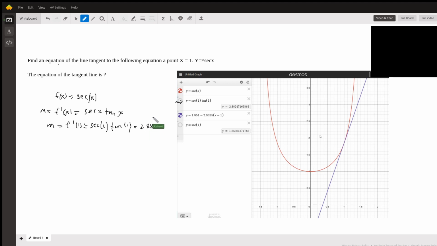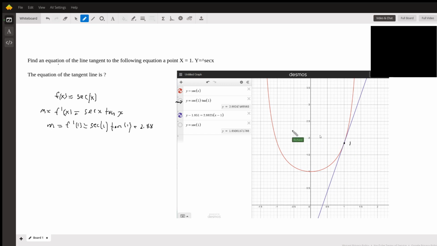So now we have the slope of the tangent line. And when we plug 1 into the secant function, we get this point. If you just slide up, this is going to be the intersection here.